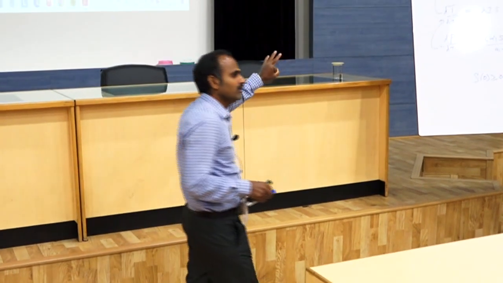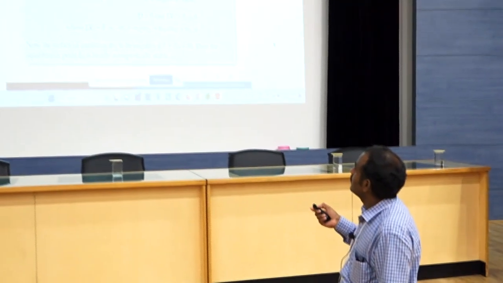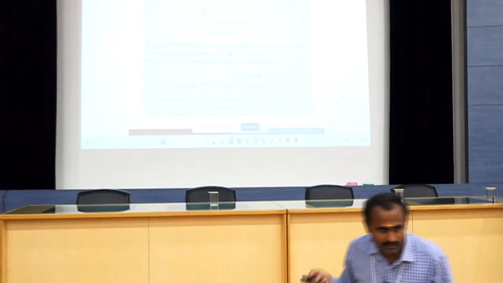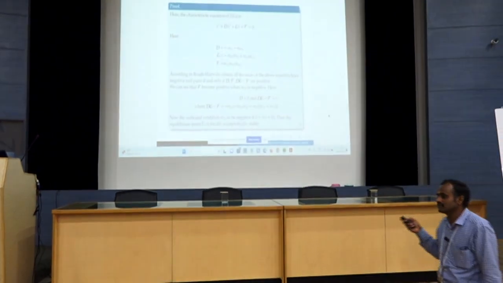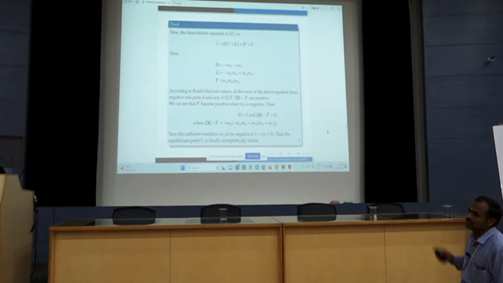In a similar way, we have to check the three equilibrium points to see whether our system is stable or not. Then, in the similar way, we check whether our system is stable at the equilibrium points E4 and E5. With the same Routh-Hurwitz criteria, the condition is satisfied, and our system is asymptotically stable.